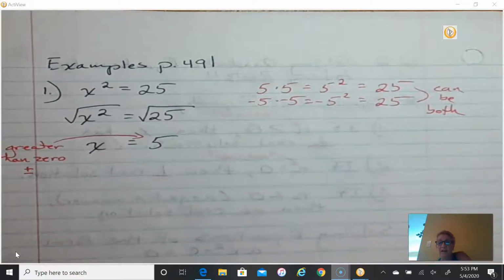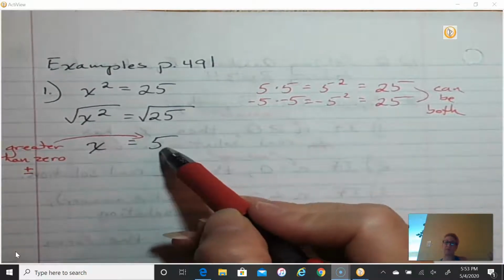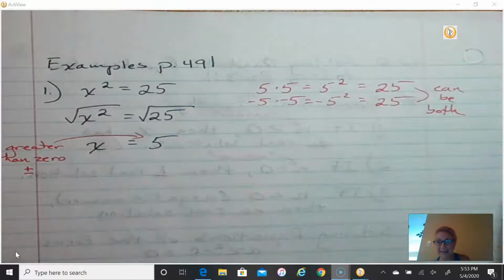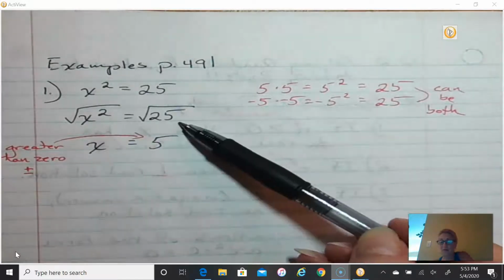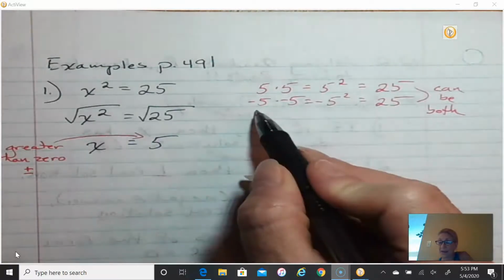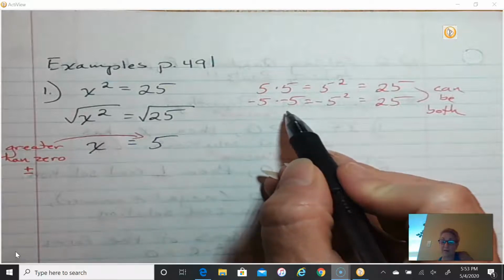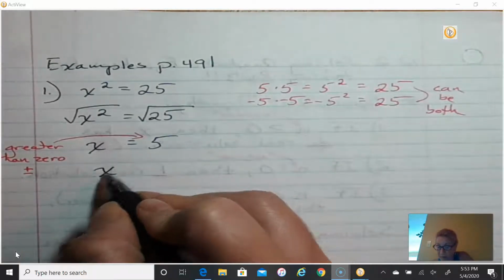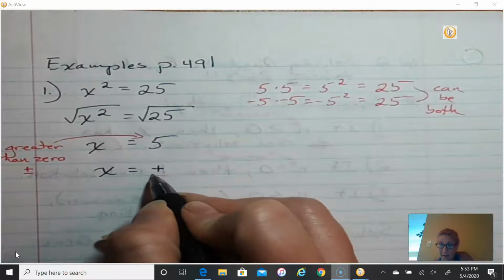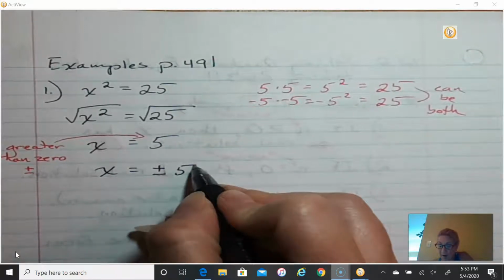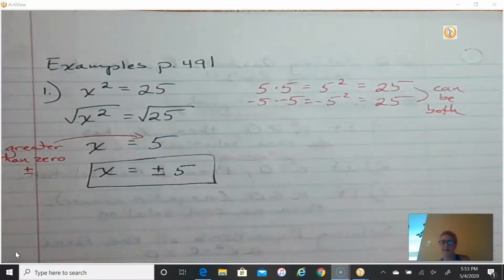Y'all have always up until now assumed, oh, the answer is just 5. Not necessarily. The square root of 25 can also be negative 5 times negative 5. So therefore, your actual answer is positive or negative 5. See, we've taken it up a little bit.